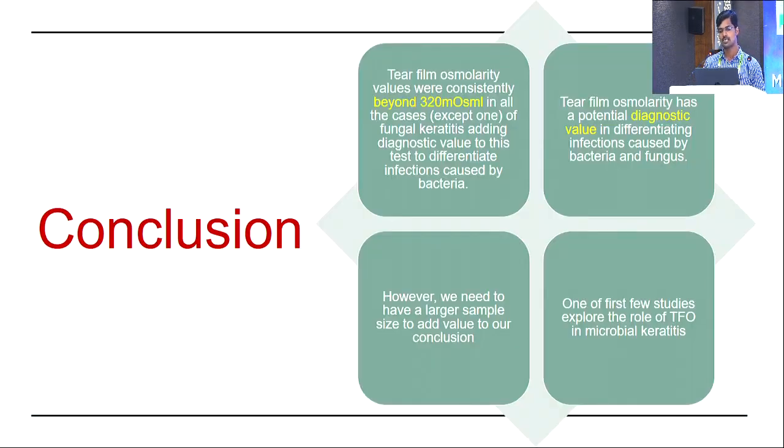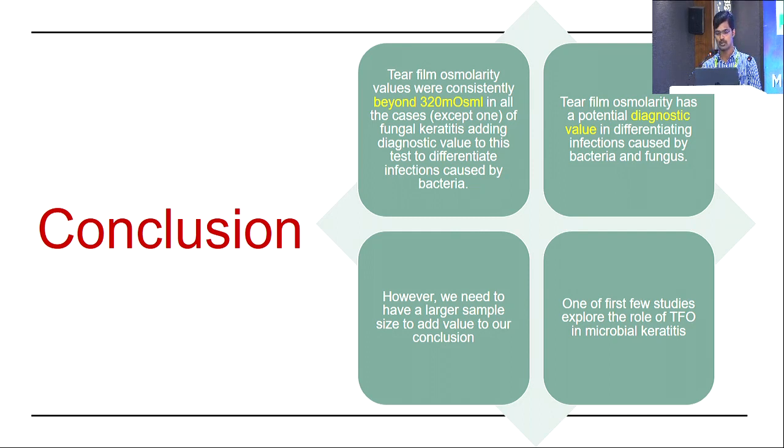Coming to the conclusion, the tear film osmolarity values are consistently beyond 320 milliosmoles per liter in all the cases of fungal keratitis, except one case. That case also had severe dry eye. It is also useful for differentiating infections between bacteria and fungi.